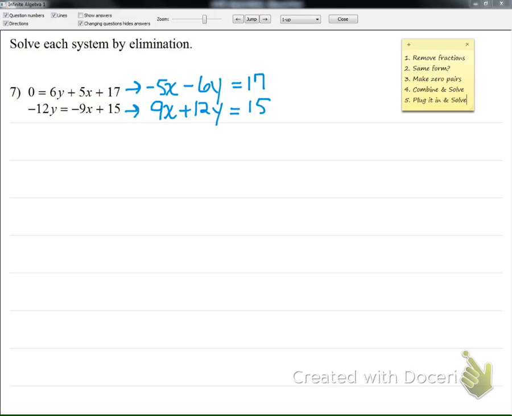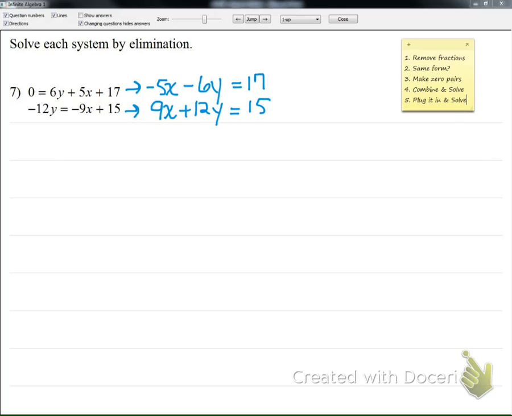So a shortcut for making our zero pairs: we notice that we already have opposite signs, so it doesn't matter which one we eliminate, the x or the y variables first. But if you look at our y variables, they're not the same. We have 6 and 12, but you could change just one of them to make them the same. What I mean by that is, can't 6 equal 12 if you just multiply it by 2?